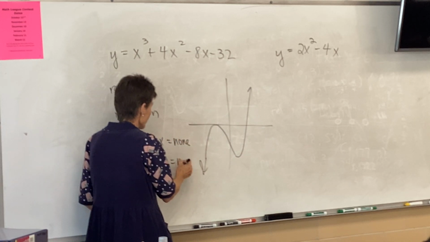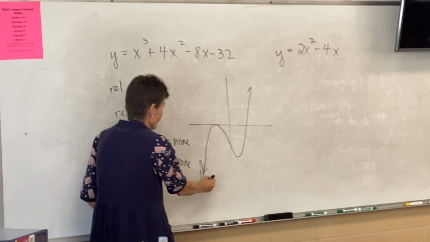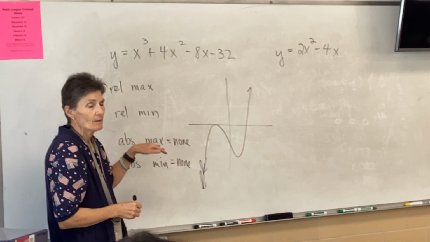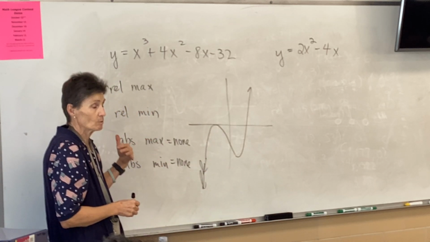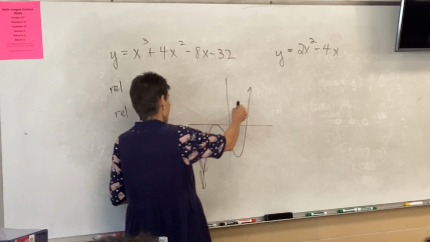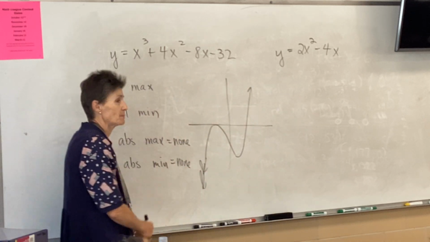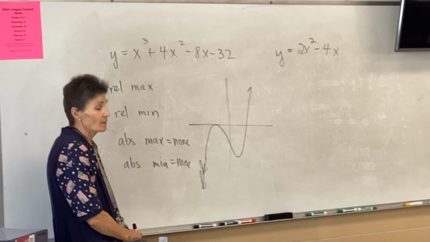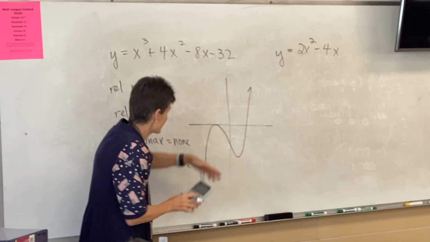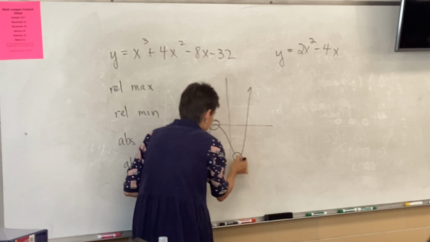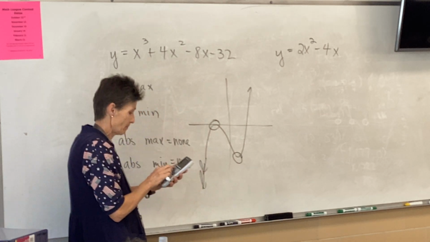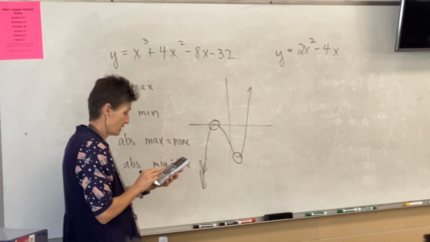Because anytime the curve is shooting down into space, there won't be an absolute minimum. And it's shooting up into space, so there won't be an absolute maximum. However, I do see the relative maximum. So let's go ahead and find that.